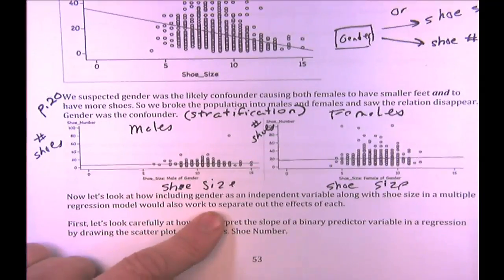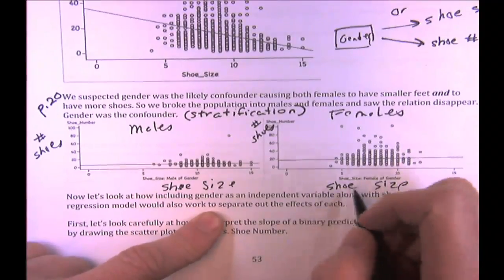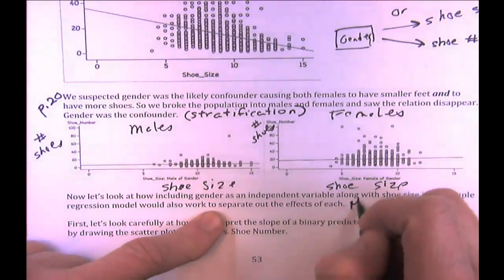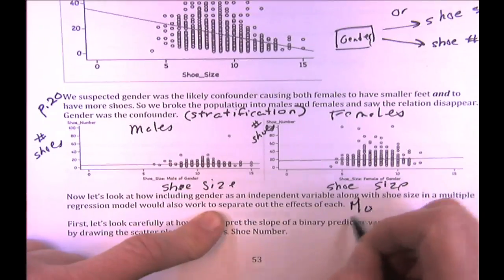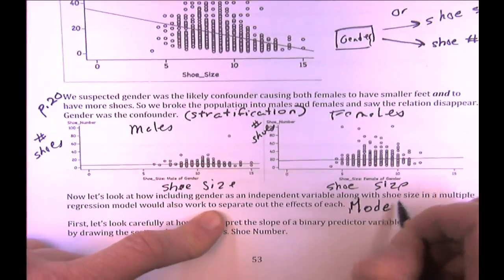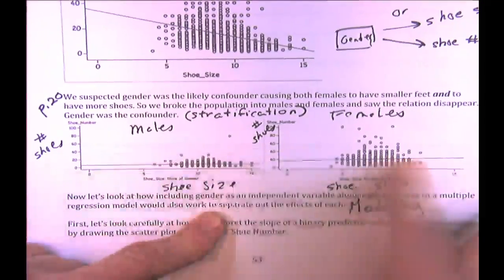So we're seeing how including another variable is one of the main purposes of multiple regression, to control for a possible confounder. And that's called modeling, building a model to control for, instead of just stratifying.